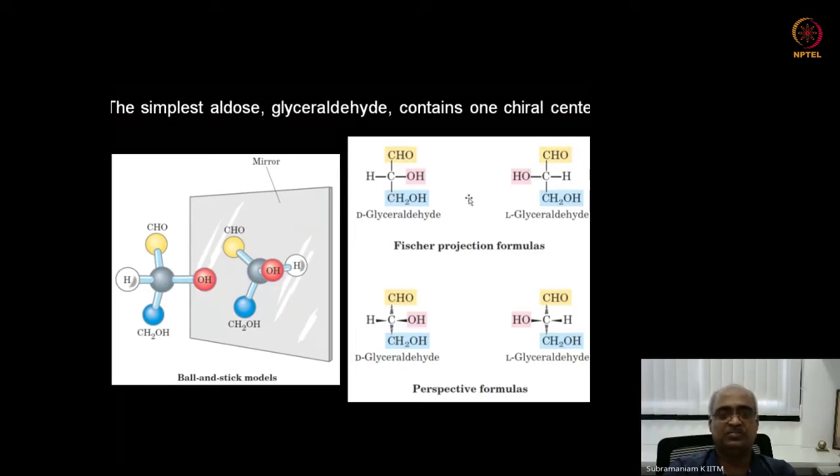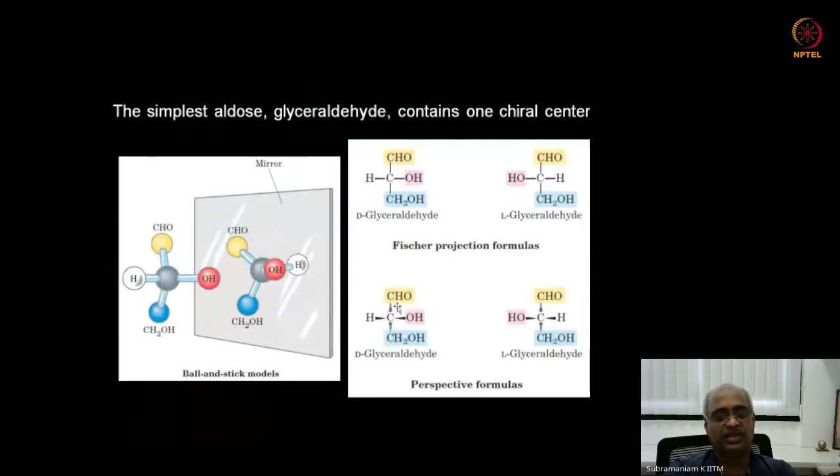This is called the Fischer projection formula, and we know the perspective diagram that we have learned where the bond orientation is shown, like the solid wedge shows that these project away from the paper, the plane in which it is shown, and the dashed wedge means those groups are away from this. Like for example, here in the ball and stick model, this aldehyde group and this CH2OH are backwards and these two are front.